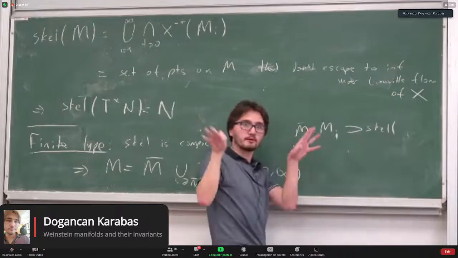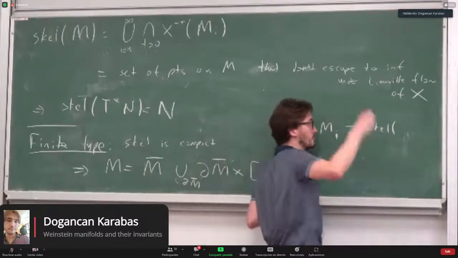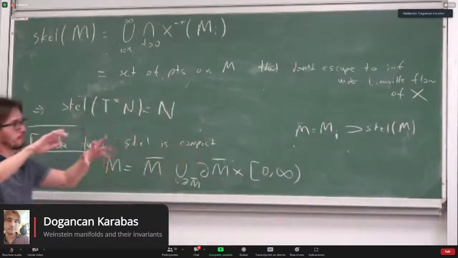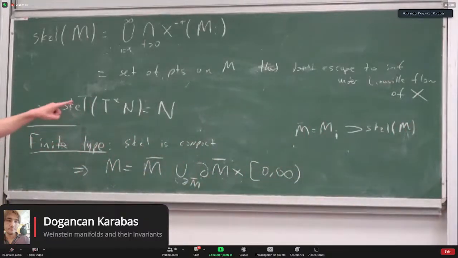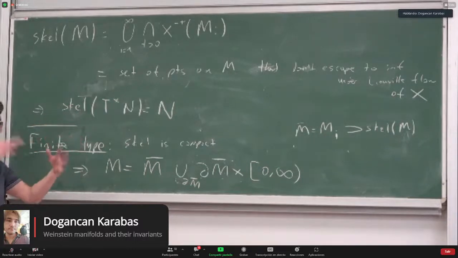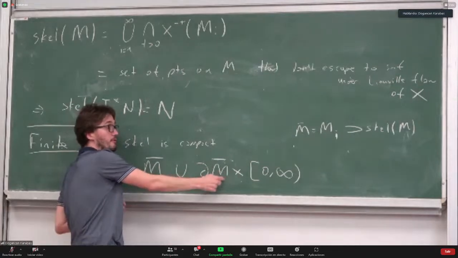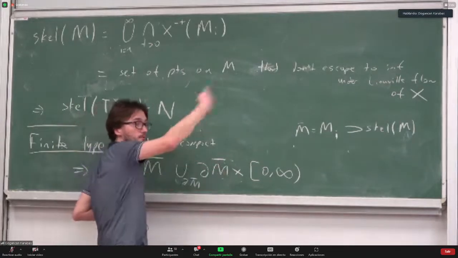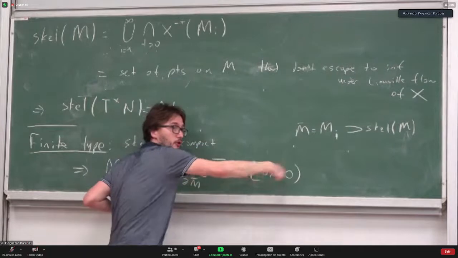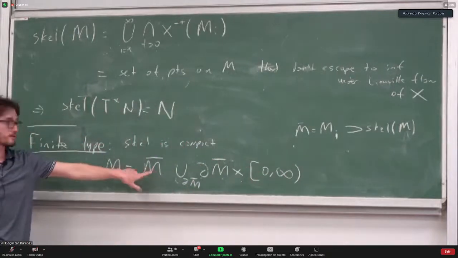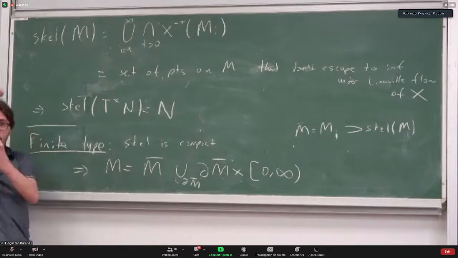Again, near the skeleton something interesting is happening, but after you take a compact piece which contains the skeleton, after that it's just repetition. That means you can restrict the one form here, do symplectization of this, and recover the symplectic form on this part. That tells you that M bar is compact with boundary.